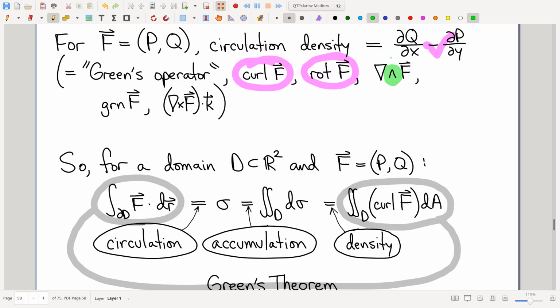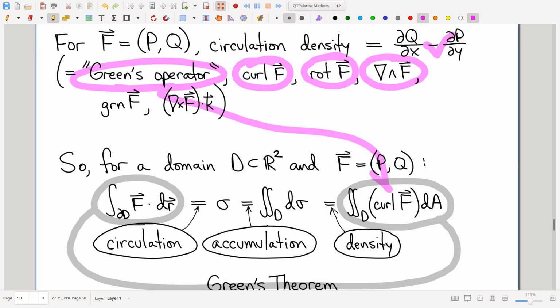Anyway, the wedge product is that two-dimensional sort of parallel concept. And as it turns out, del wedge F straight up exactly gives you that exact same formula. So how about that for convenient? It's kind of nice. Now again, some more alternatives. I like to call this thing Green's operator because after all, it is the operator that makes Green's theorem work.